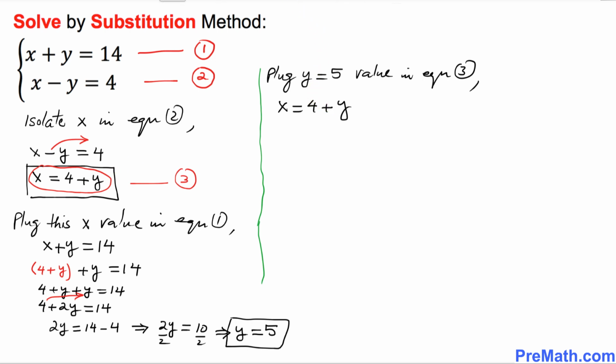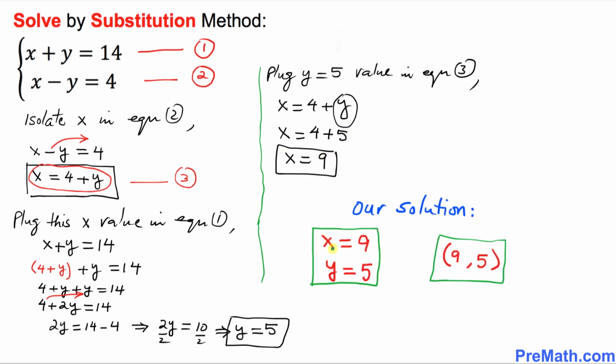So let's plug it in right now. This is going to give us x equals 4 plus the y value, which is 5, isn't it? So x is going to become 4 plus 5, which is 9.